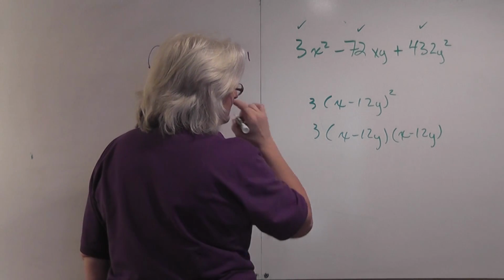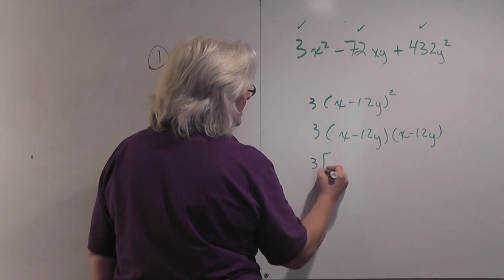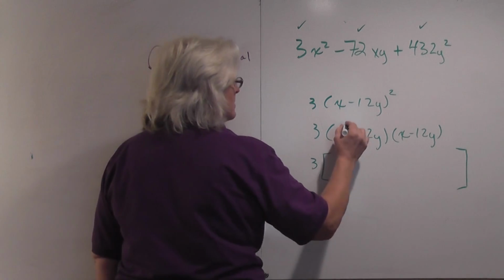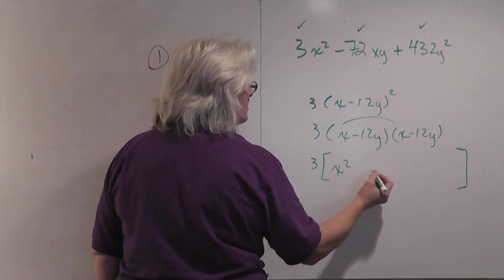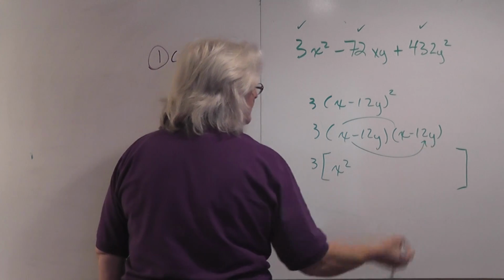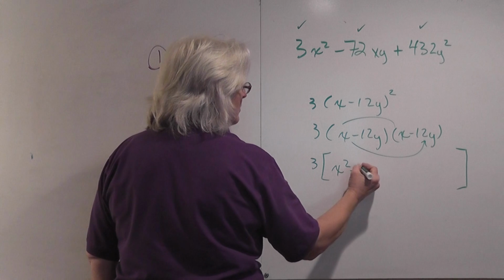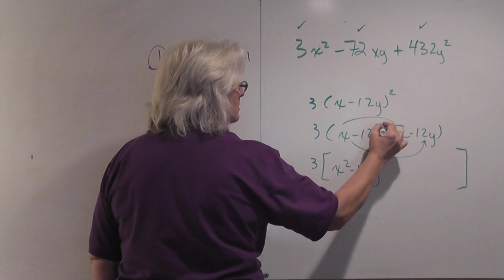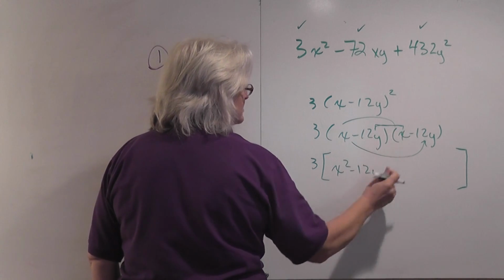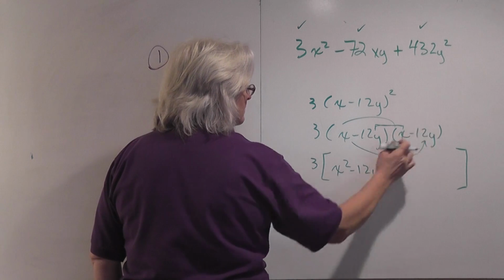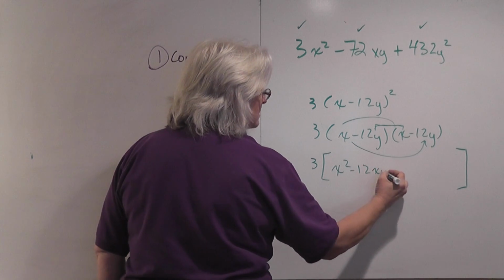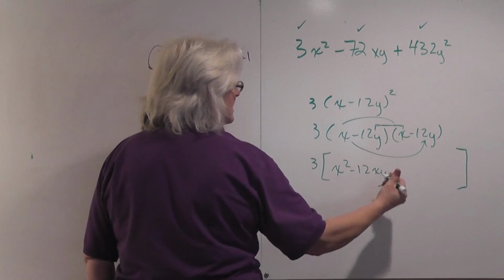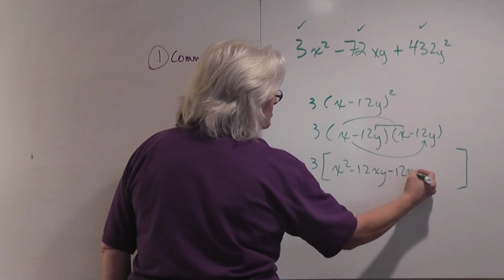So I'm going to have 3 times this entire inside product. X times x is x squared. First, outside, x times the negative 12y, negative 12y. Our inner product, we have an x times negative 12y is negative 12xy. Everyone see that? Our inner product, negative 12y times x, is negative 12xy.